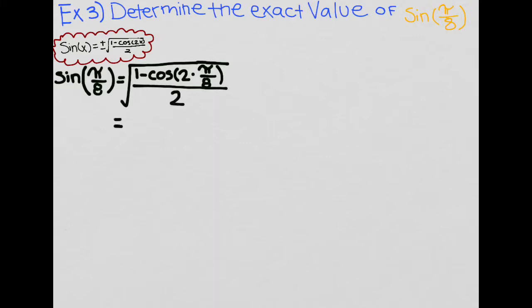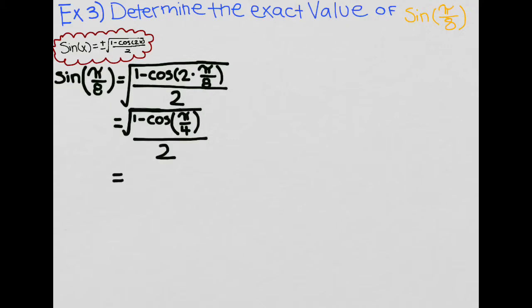Now we're going to go on to the next step: 1 minus cos, and after we multiply, 2 times pi over 8 becomes pi over 4.